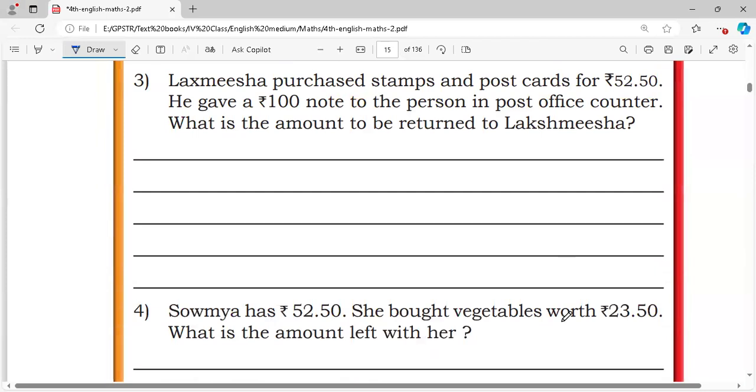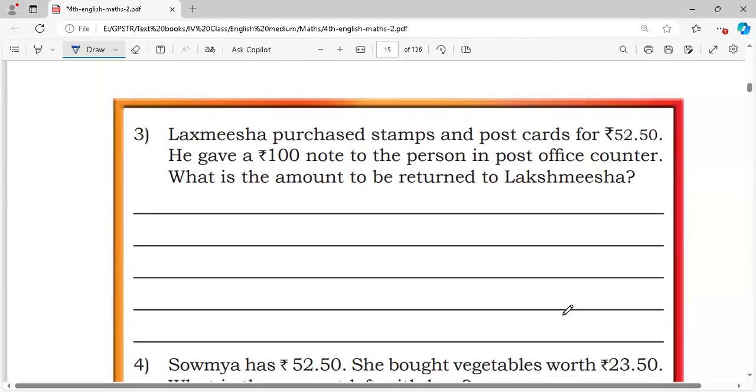Third one. Lakshmisha purchased stamps and postcards for 52 rupees 50 paise. He gave a 100 rupee note to the person at the post office counter. What is the amount to be returned to Lakshmisha?